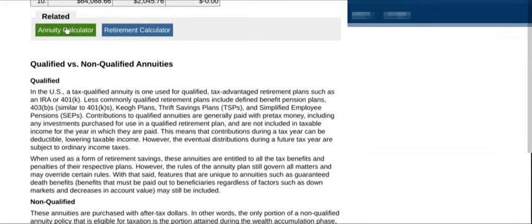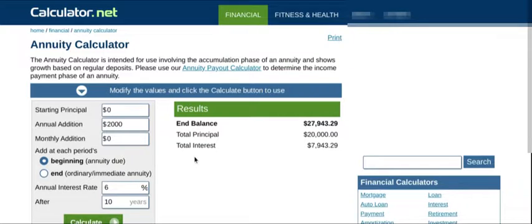So I'm going to try clicking this annuity calculator. And you can see, oh yeah, it starts with money, and I'm going to put money in, and then it has an interest rate, and it's going to calculate after a certain number of years. So that's the type I want. I'm not starting with any money, and I'm not putting money in annually. I'm actually only going to put money in monthly.